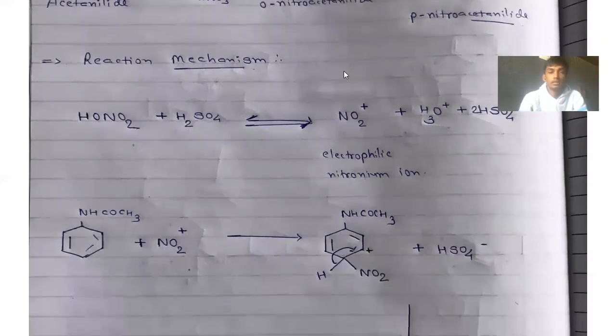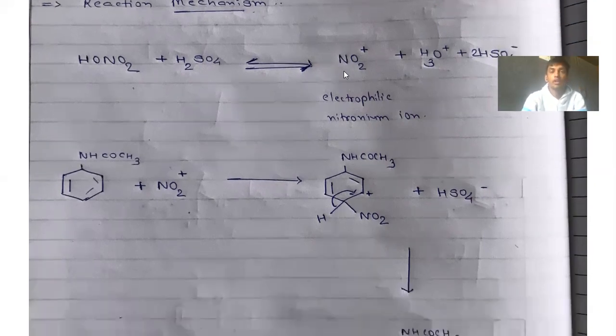So reaction mechanism, as I have told you, it is an electrophilic substitution reaction. Sulfuric acid and nitric acid both combine and make NO2+, the electrophilic nitronium ion, plus H3O+ and 2 HSO4-. Here it was by mistake: I have written 1 mole of H2SO4, but there are 2 moles of H2SO4.